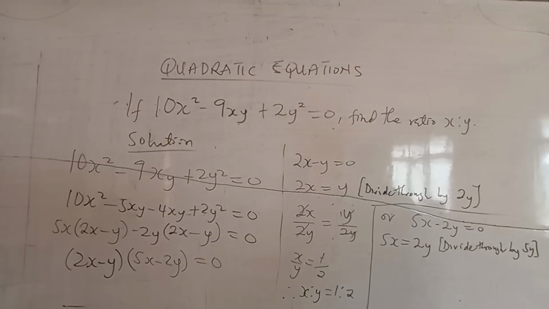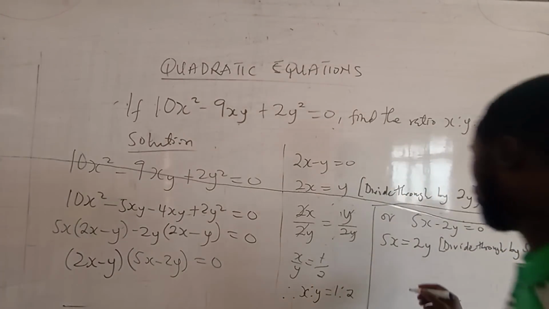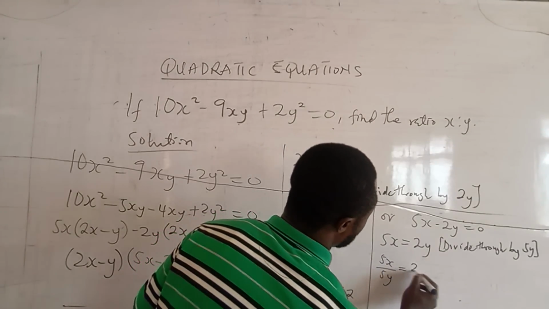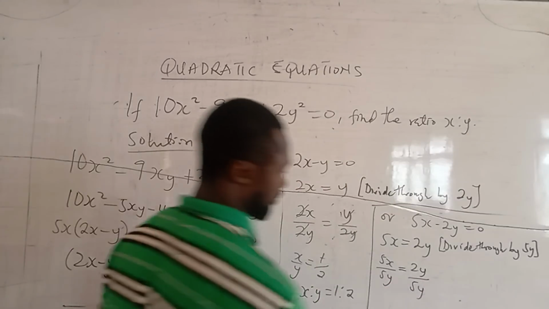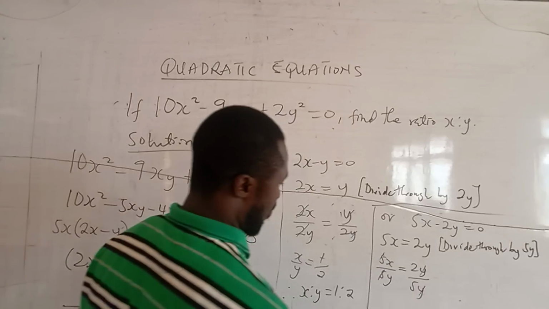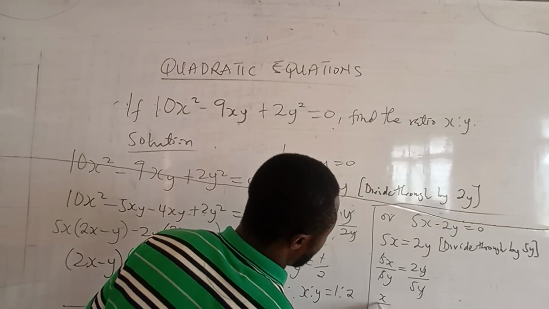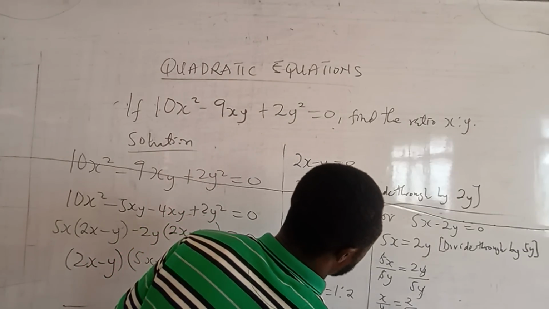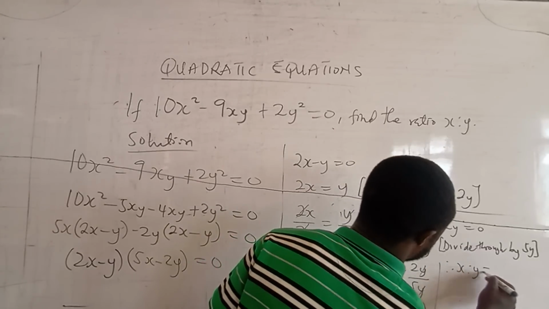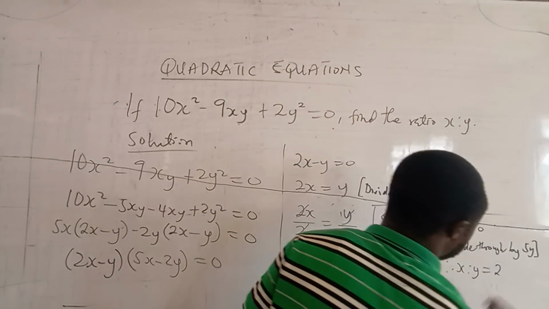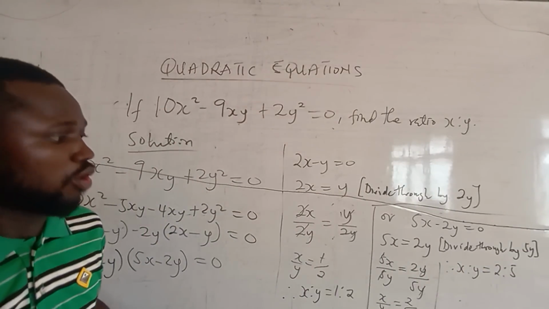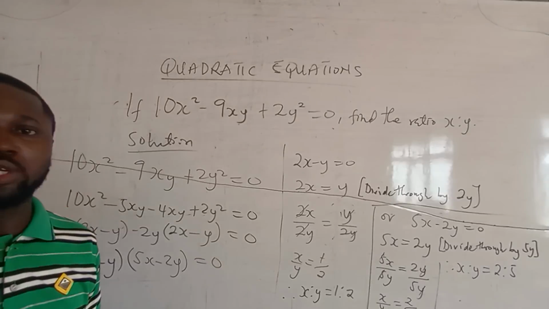We get 5x over 5y equal to 2y over 5y. The 5 will cancel 5, y will cancel y. So we have x over y equal to 2 over 5. Therefore x is to y equal to 2 is to 5.